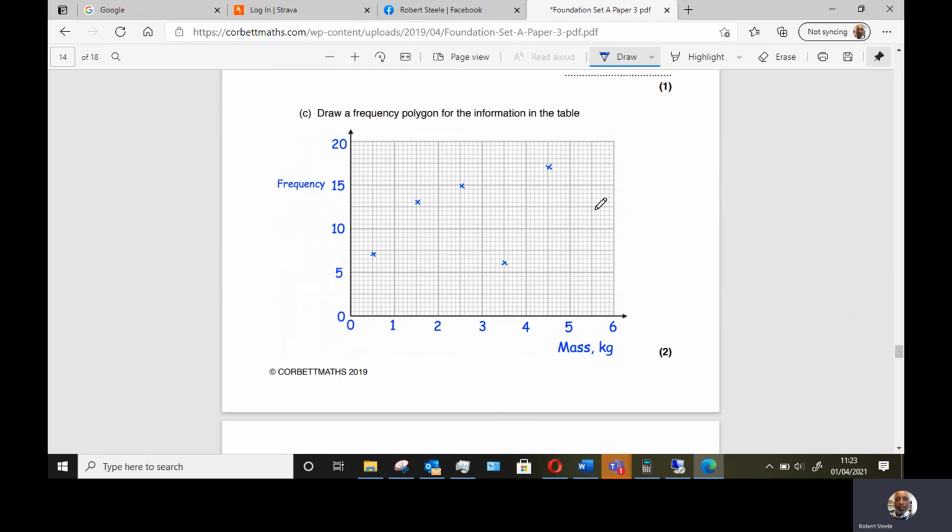And 12 is there. And when you draw a frequency polygon, you take a ruler and you join your points together with straight lines. So without a ruler, I'm quite pleased with that.